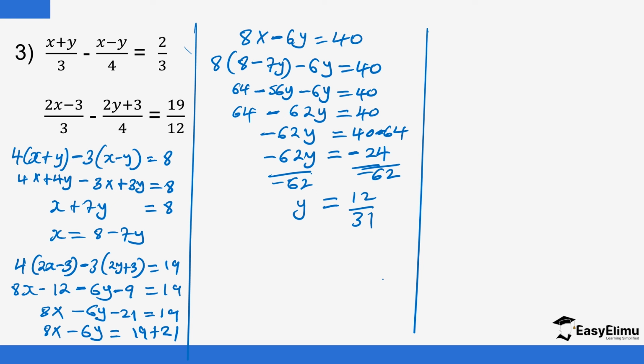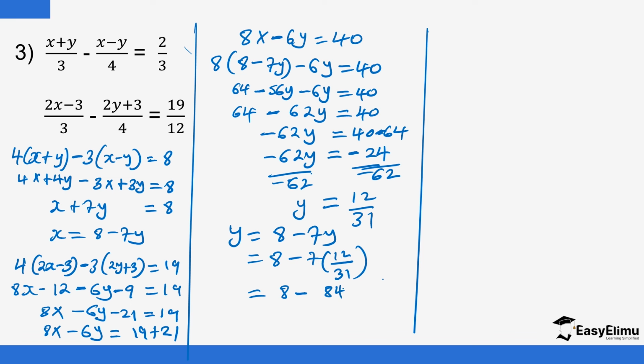So y is 12 over 31. You try and substitute it in the equation. So x is equals to 8 minus 7y. So 8 minus 7 into 12 over 31. So this is going to be 8 minus, so we have 7 by 12. So 7 by 12 should be 84.